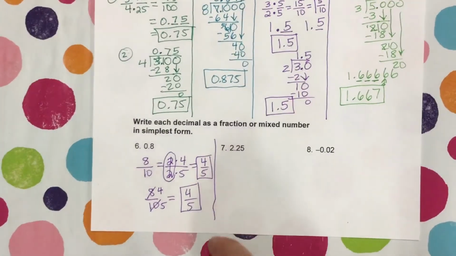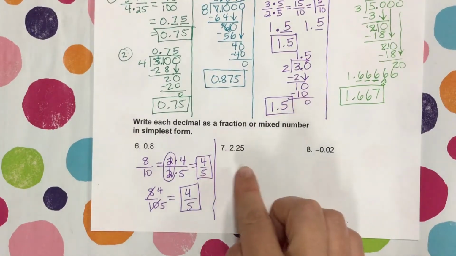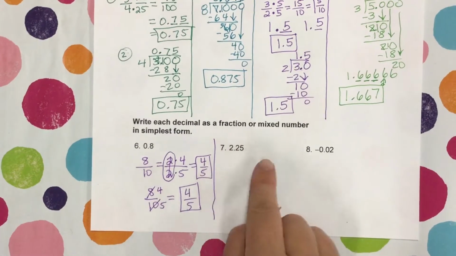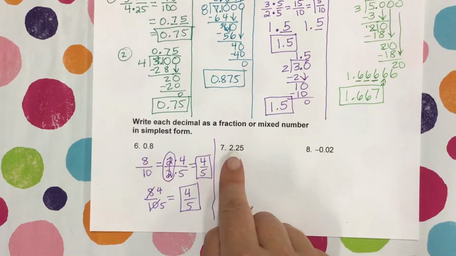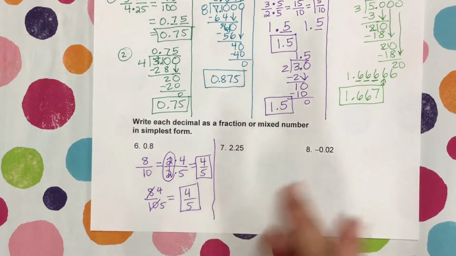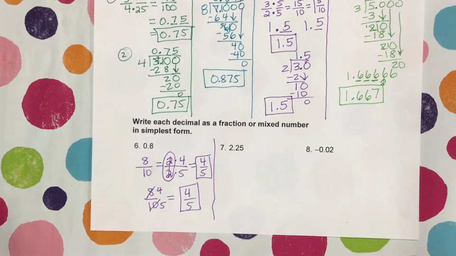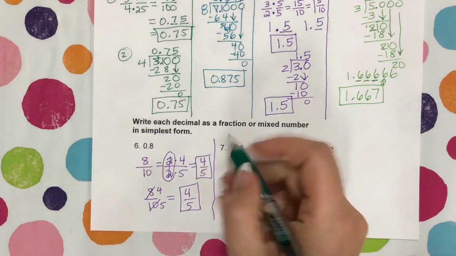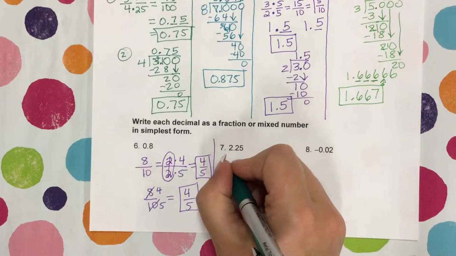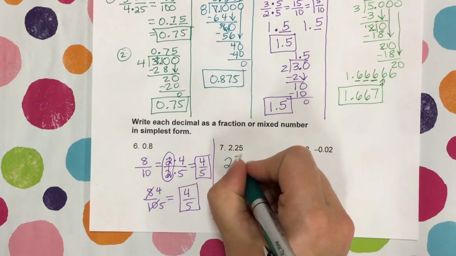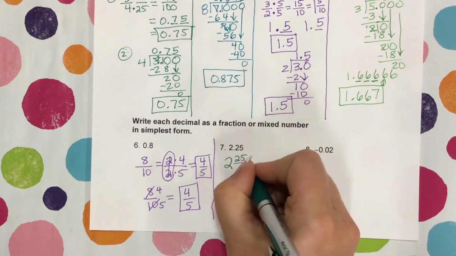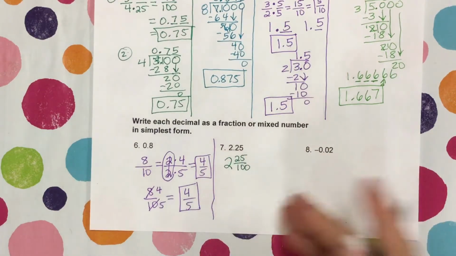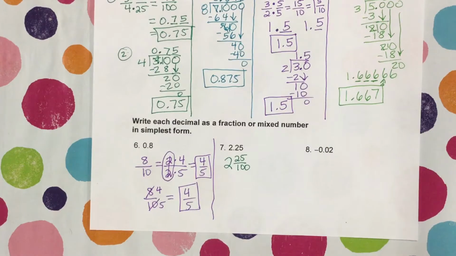So this is 2.25, or 2 and 25/100ths. How you say that is, for the decimal you say the word "and," so 2 and 25/100ths. Okay, so let's go ahead and write this as a fraction. So I'm going to write it as a mixed number, the big 2, and then 25/100ths. So now we just need to reduce this.